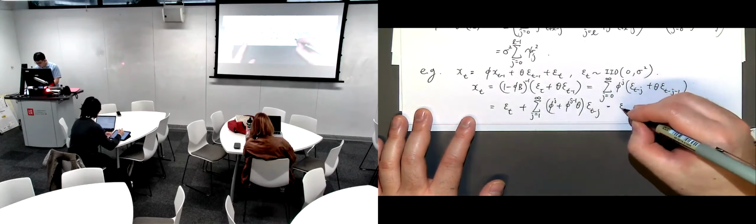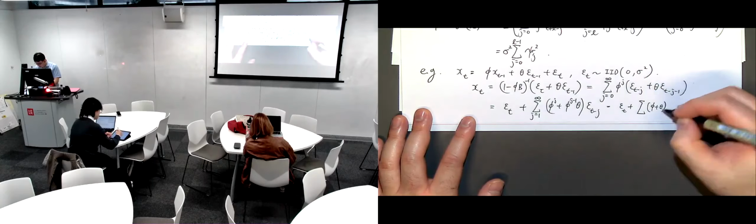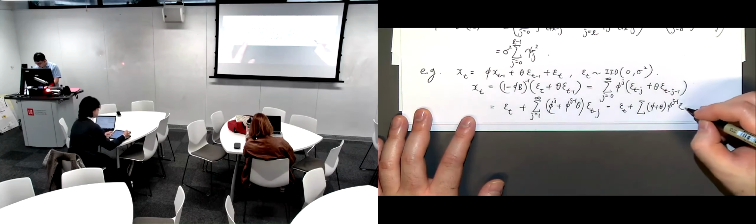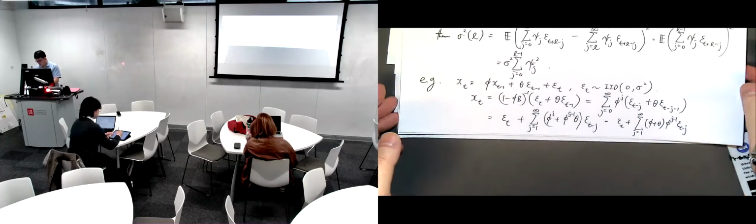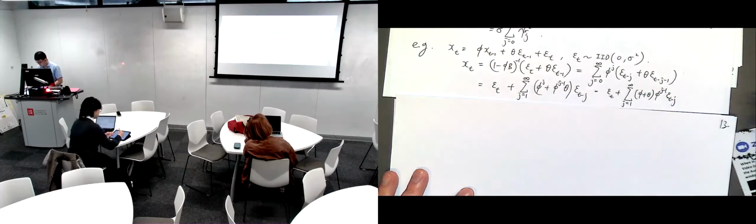So this equals epsilon_t plus the sum of (phi plus theta) phi to the j minus 1 epsilon_{t-j}.